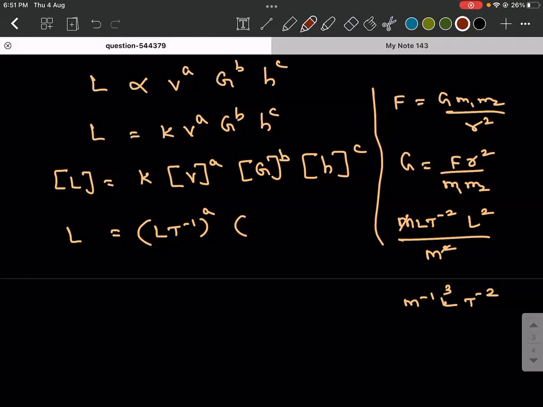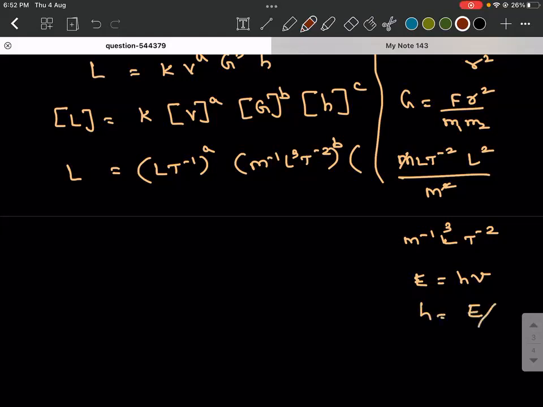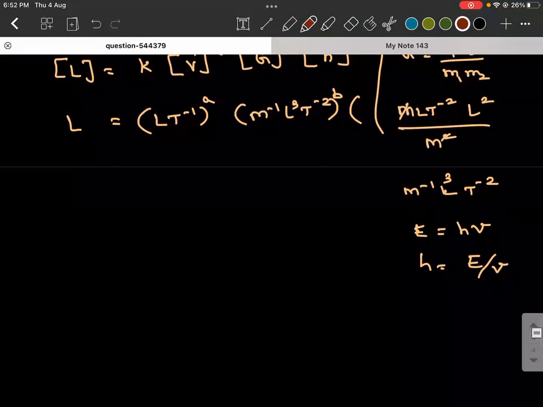Now, M minus 1 L3 T minus 2 raised to the power b into Planck's constant. In your chemistry, did you learn E is equal to h nu? So h is Planck's constant. So h is equal to E divided by nu. It is not v, it is nu. Nu is frequency.